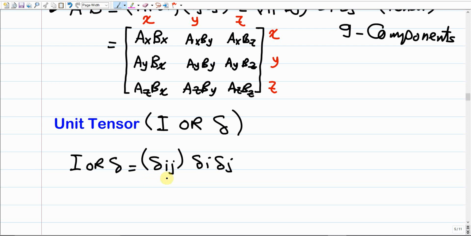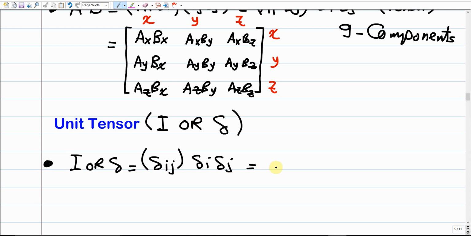If you remember, the canonical delta is either 0 or 1. It is 1 under only one condition, that i and j are the same index, but in case i and j are different indices, it should be 0. So if I ask you to write this tensor in an expanded form, what is the expanded form of this tensor?